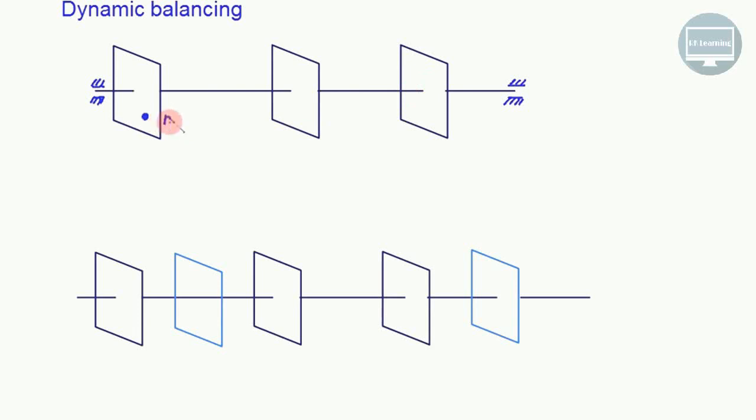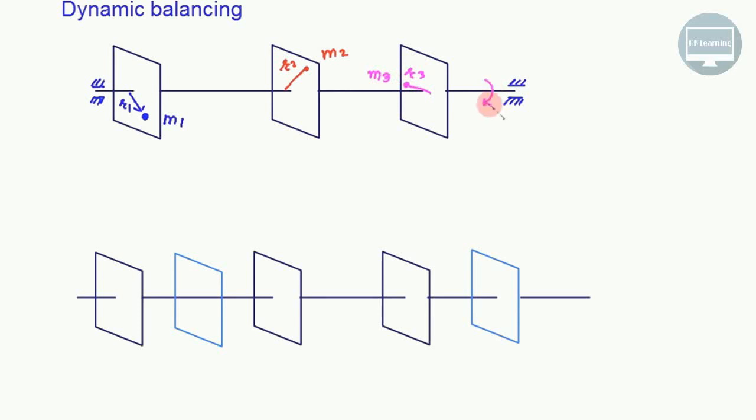Let's call this one M1 at R1. Let's say we have a different mass here equal to M2 at a radius equal to R2. And let's say we have one more mass somewhere at this point equal to M3 at radius equal to R3.